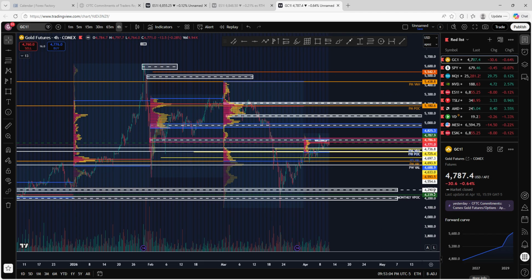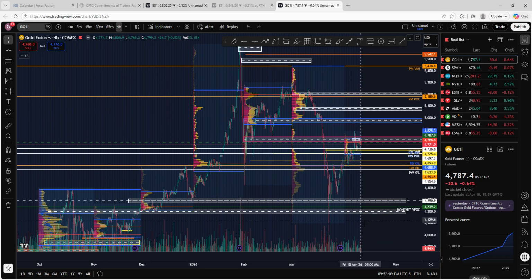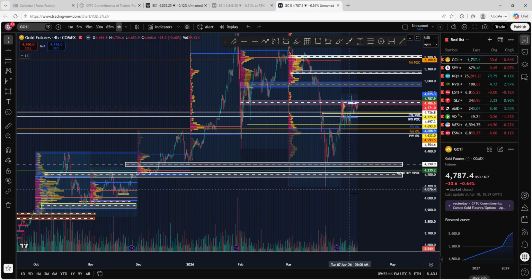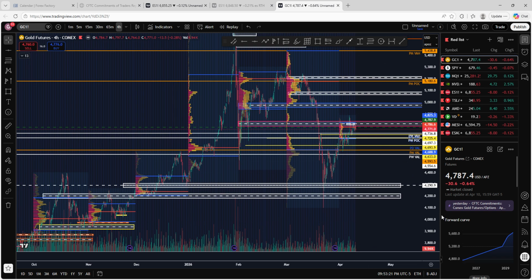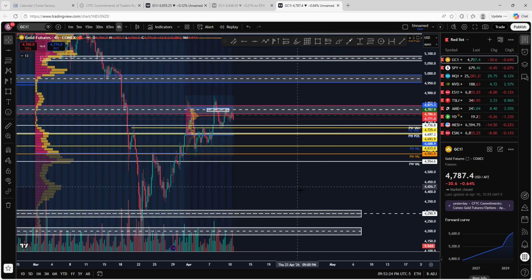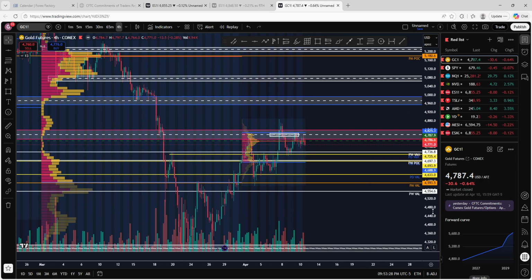Gold is essentially in just a massive range right now. Looking at this profile here, what do you guys see that should stick out to you?